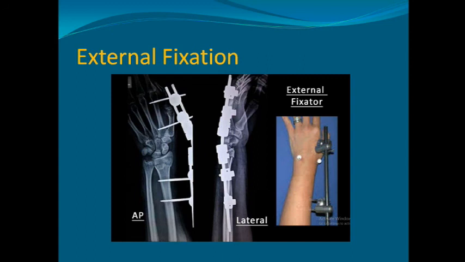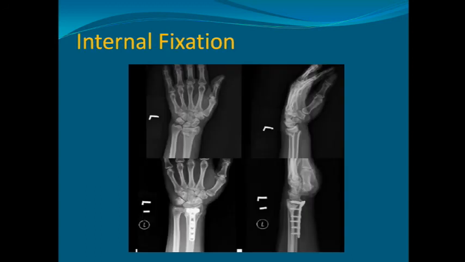It has a mechanism by which we can pull the fracture fragments more apart. Suppose there is impaction of fracture fragments, they have collapsed into one another, we have to maintain the height, so we'll give a distraction force. That force can be given by an instrument called JESS fixator.